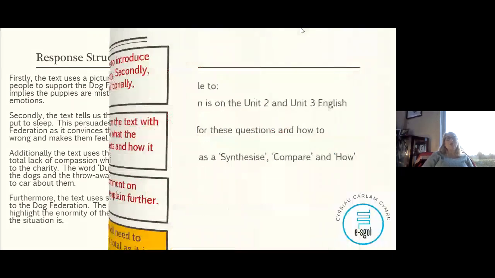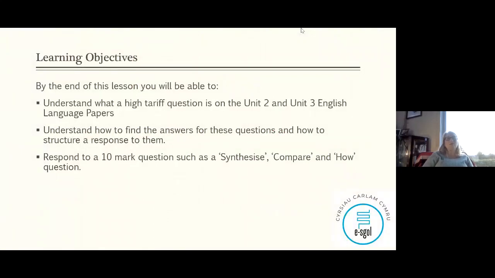Okay, so I've just gone through the learning objectives. These were our learning objectives again at the beginning of the lesson. So understand what a high tariff question is on the Unit 2 and Unit 3. So we went through the fact that it's a synthesize, a compare, a how question are the ones I went through. There are other ones as well. There are impressions questions. You might have a 10-mark explain question.